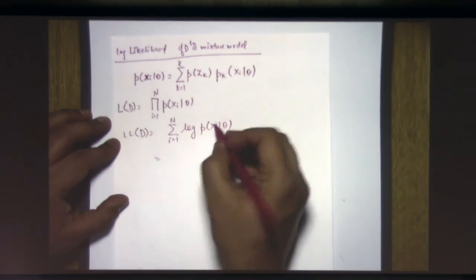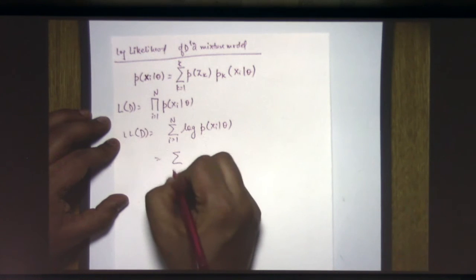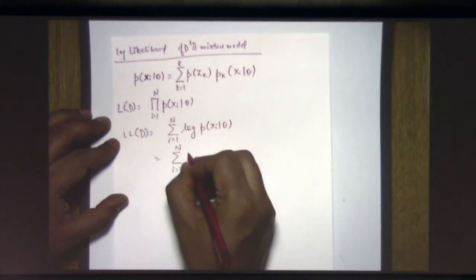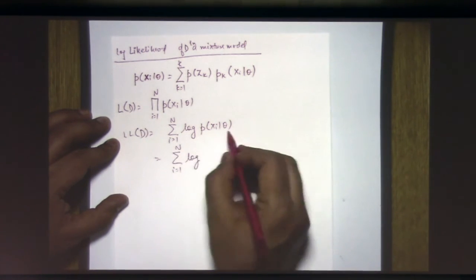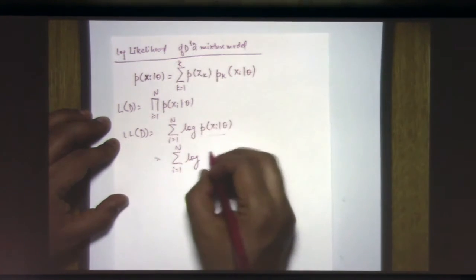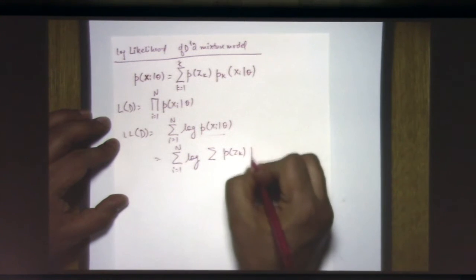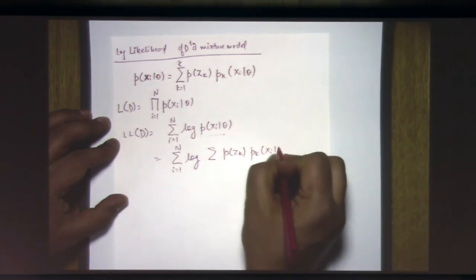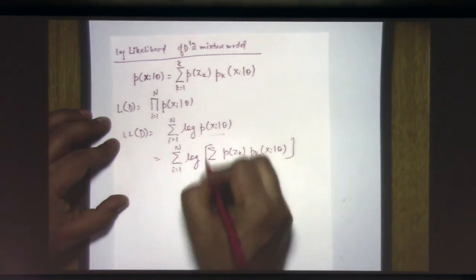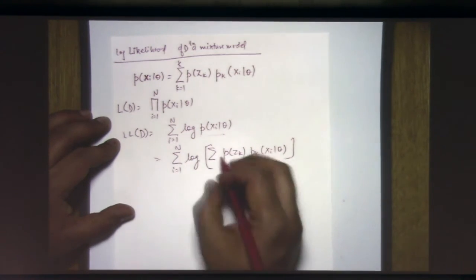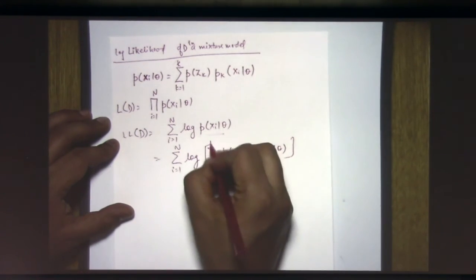And then I can replace this here: it is log of the summation over k equal to 1 through K of p of zk times p of xi given k and theta.